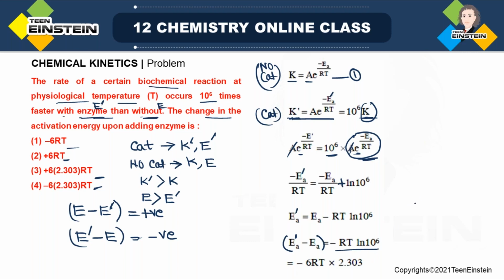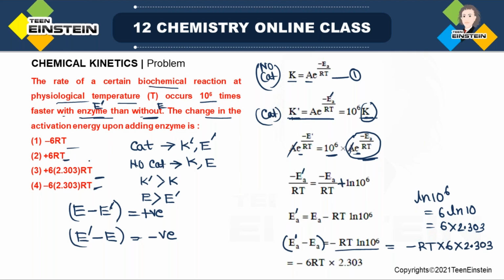Now ln 10 to the power 6 you can write as 6 ln 10, and the value of ln 10 is 2.303. So this will be equal to minus 6 times 2.303 RT, with a negative sign.